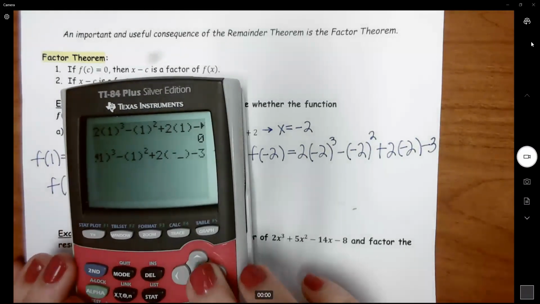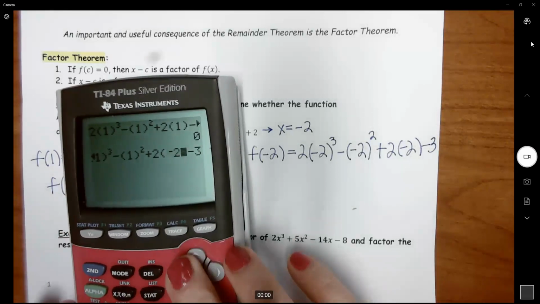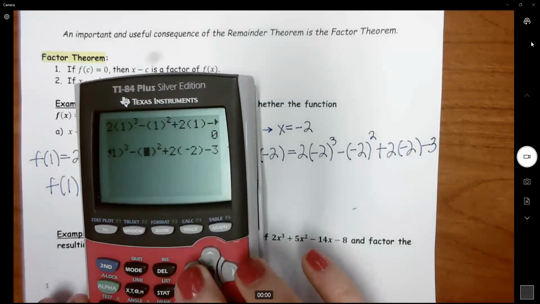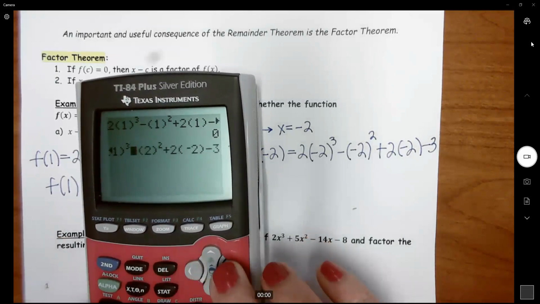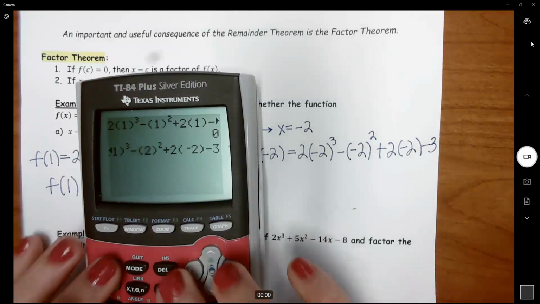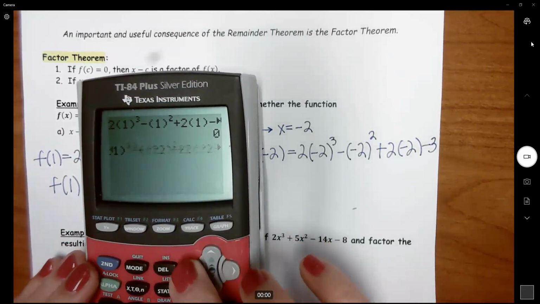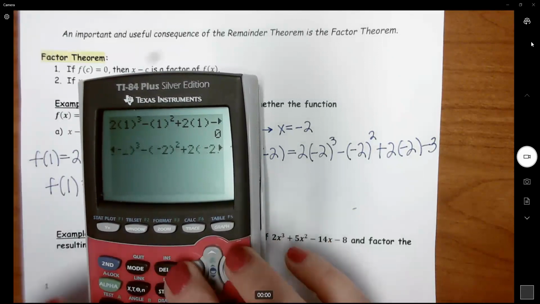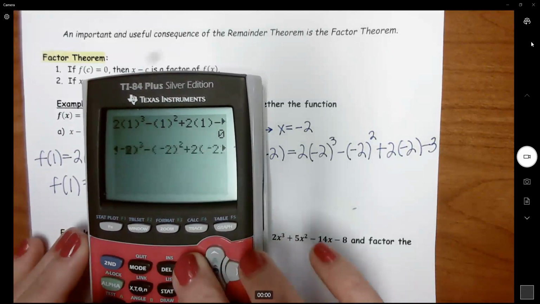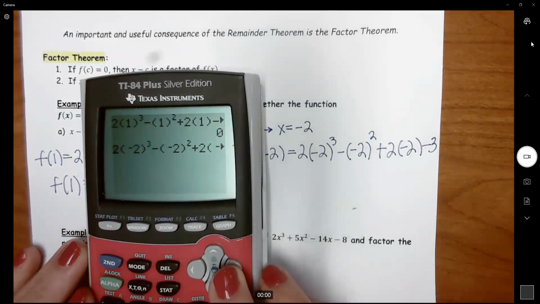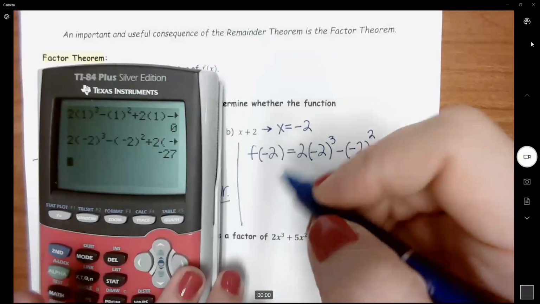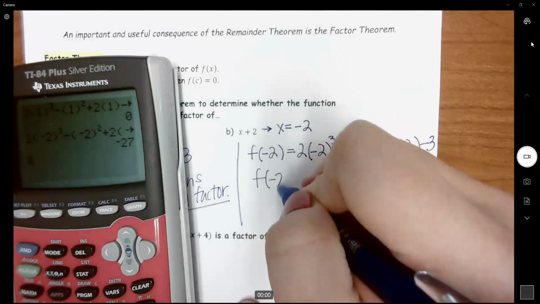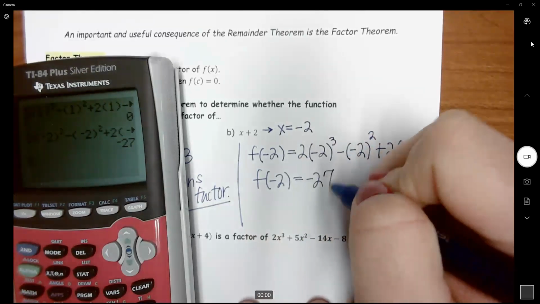And I'm going to do that by inserting a negative. Okay. Make sure I put that all in right. And we get negative 27.